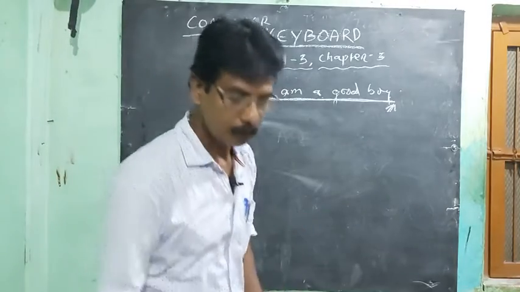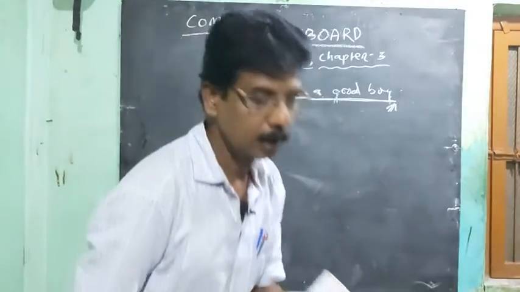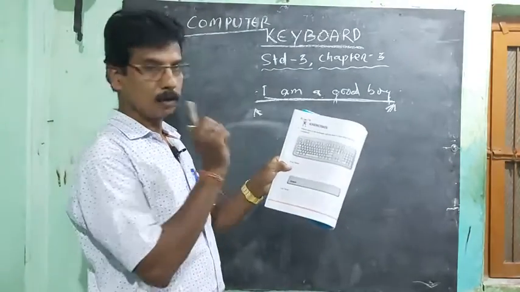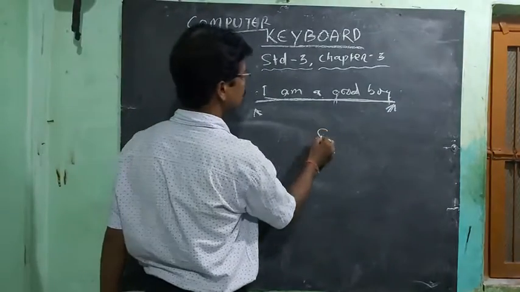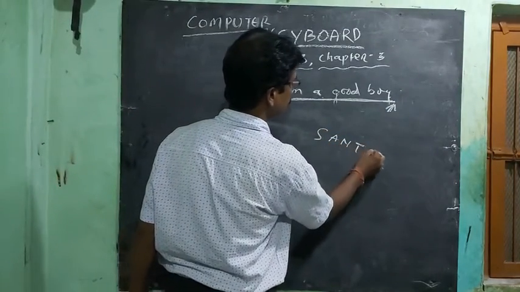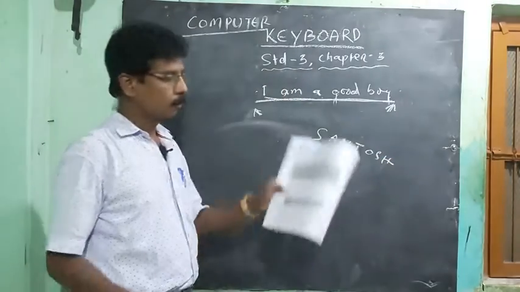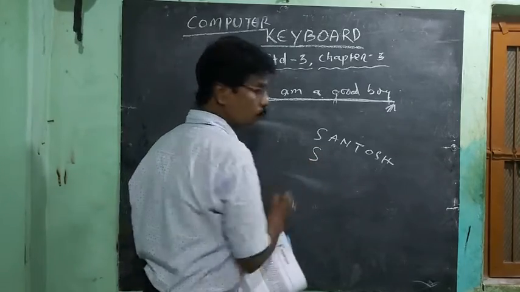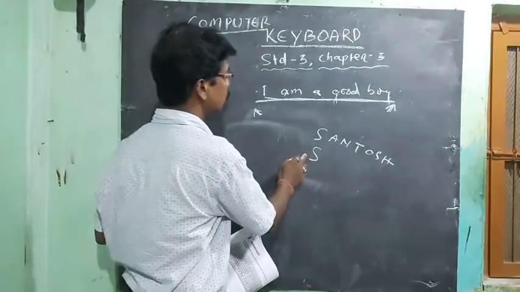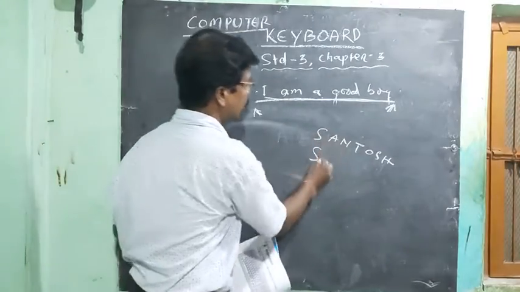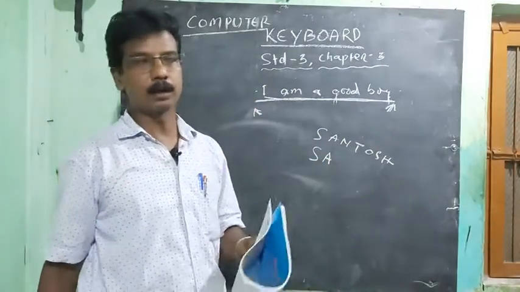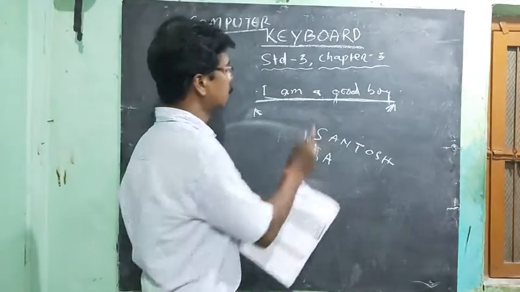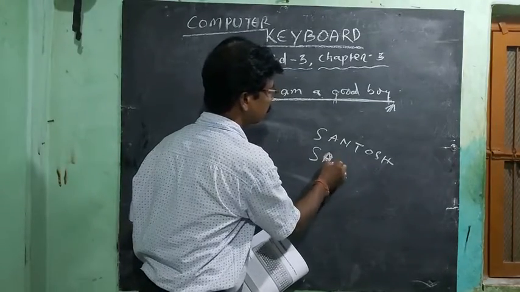Now come to the exercise. Look here, children, in your exercise, the keyboard: when you type your name, suppose your name is Santosh. You press S on the keyboard, and it shows on your screen. Then A: if you want to write a small letter A, you press shift and press A, and it converts into a small letter.